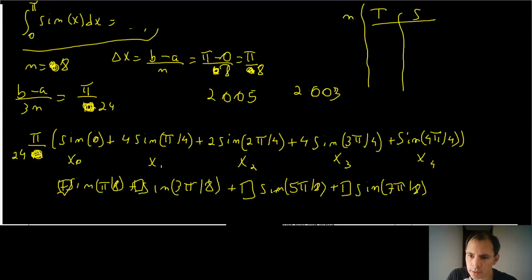I'm going to put an n here, for n equals 4 and then n equals 8. Well, we saw that for Simpson's rule, for n equals 4, the number that you're going to get is 2.005, which is pretty close to 2. For n equals 8, in Simpson's rule it is 2.003. Just as a reminder of what we got last time in the previous video.